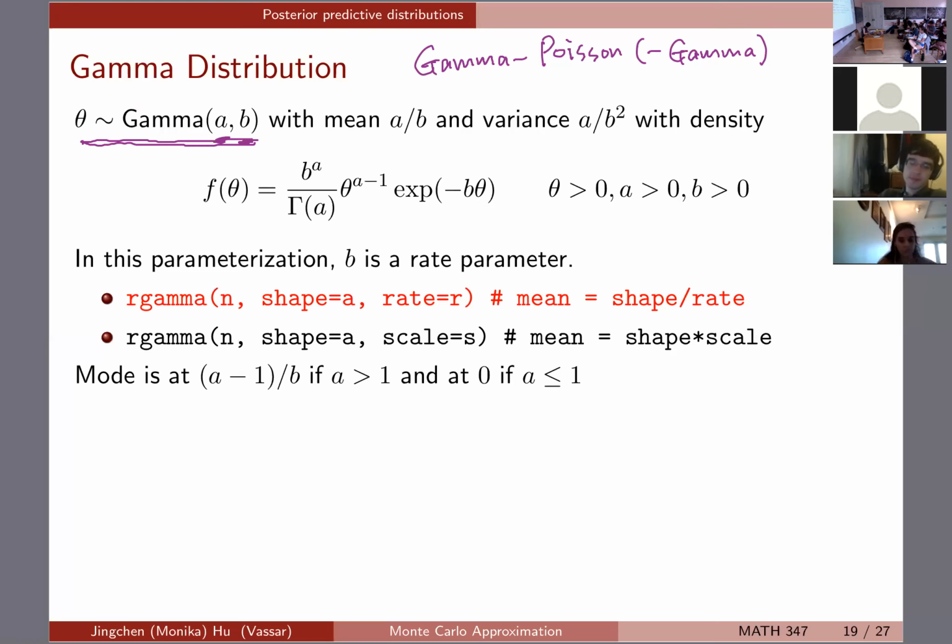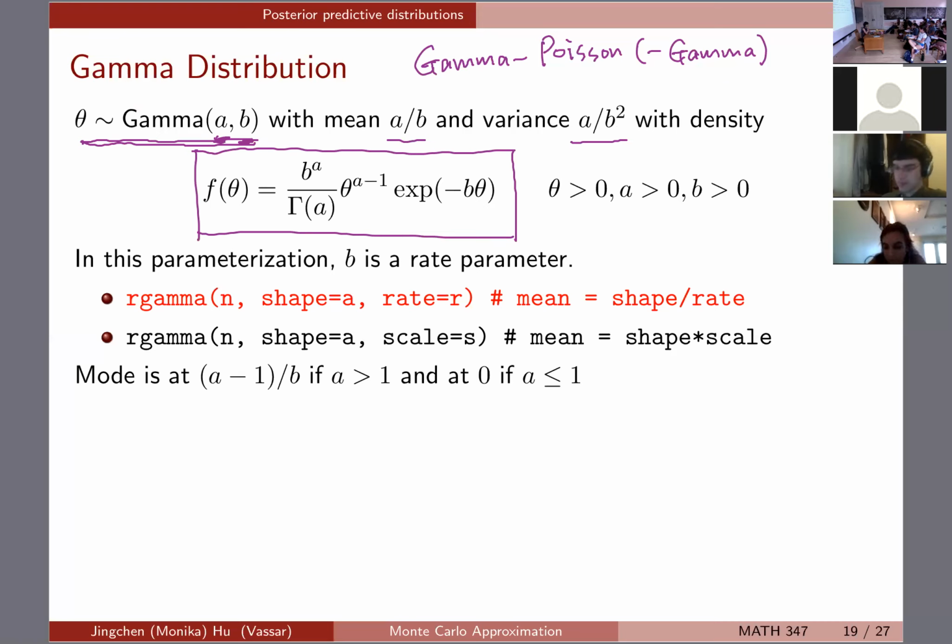For the parameterization we use in this class, the mean is A over B, the variance is A over B squared, and the density is in this particular form. This will be the only one that we're going to use. I know some of you have taken, especially in econ classes, a different way to parameterize the gamma distribution.